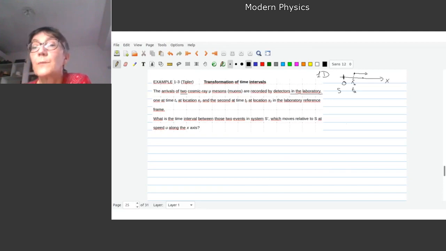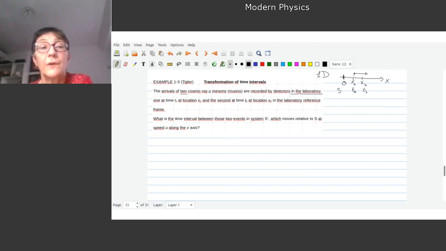And a second one, which will be here at XB, TB. You detect them because they interact with your detector. So the first muon interacted with this detector at that position, that time, and the second at that position, that time.